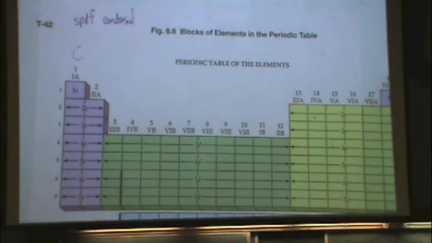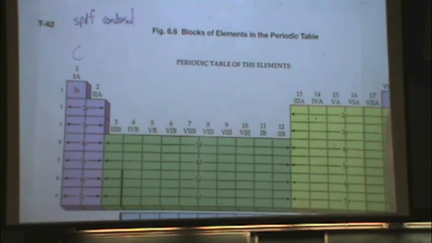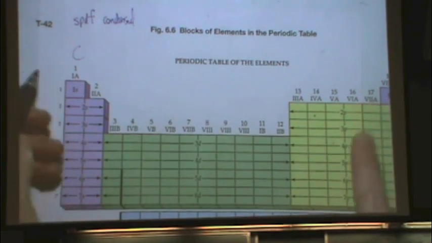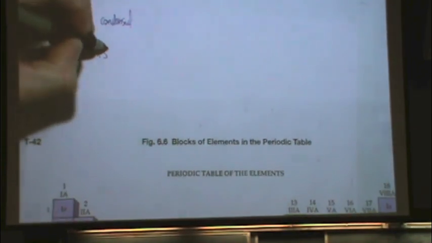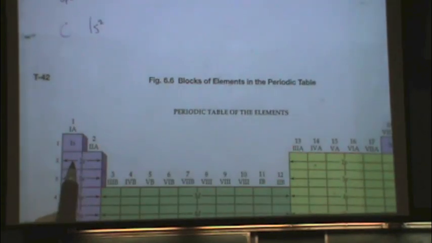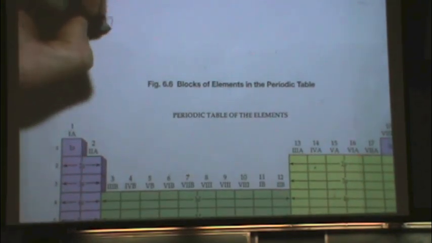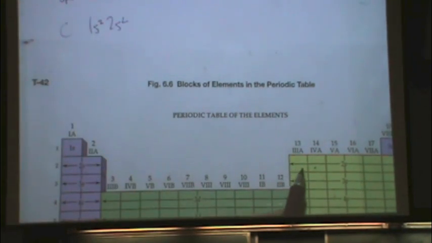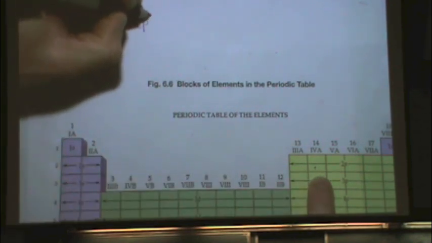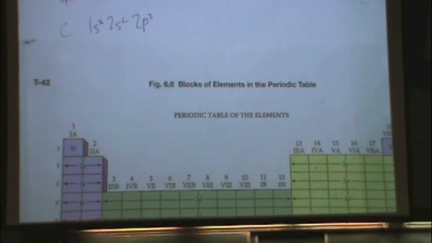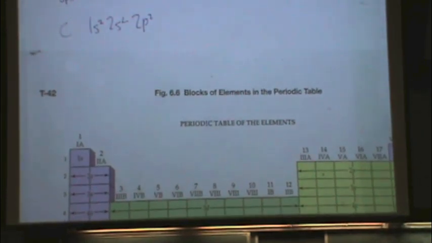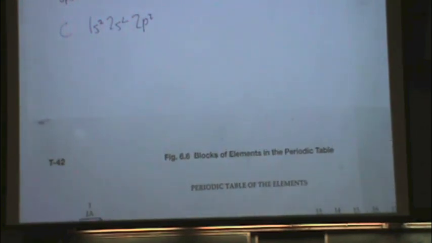Cool. So 1s1, 1s2. And then we have this right here, 2s1, 2s2. And then where carbon is right here, so it's 2p1, 2p2. So we just go along the periodic table, putting down electrons. So this is the condensed. This is what you guys saw last time.